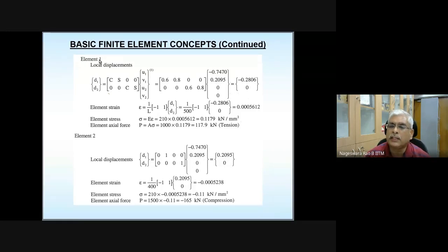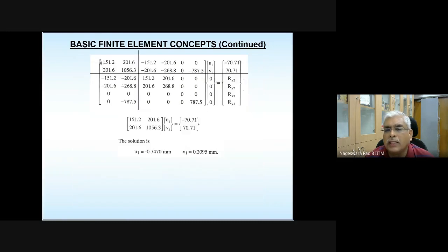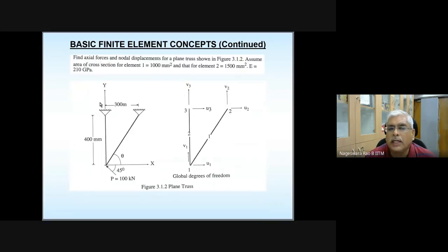because of that, element 1 is in tension, element 2 is in compression. That is what results are showing. Is it making sense? Whether this solution is making sense or not? Let's see. This is a two-element truss problem, plane truss consisting of 2 elements, and you are applying load like this.